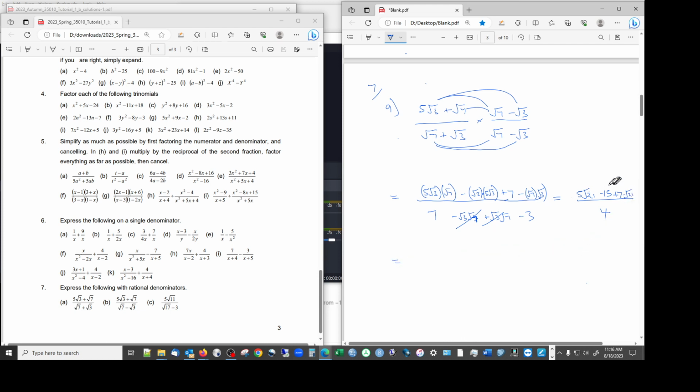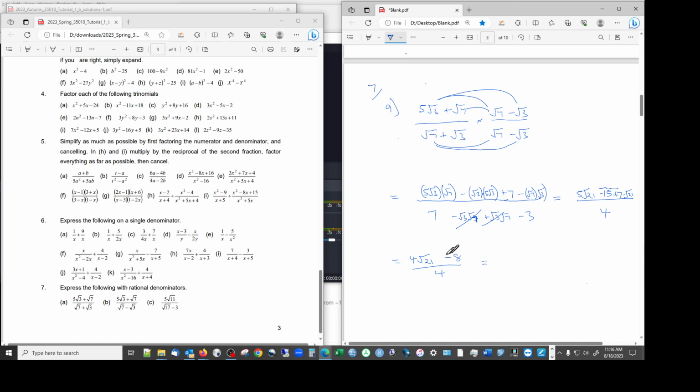Okay, so 15 and 7. 15 and 7 is minus 8. So we've got minus 8. Now 5 apples minus an apple will leave us with 4 apples. So 4 root 21 divided by 4.